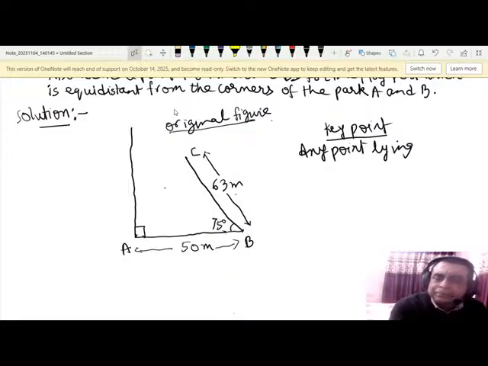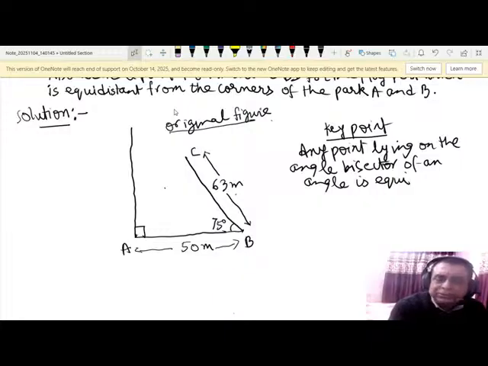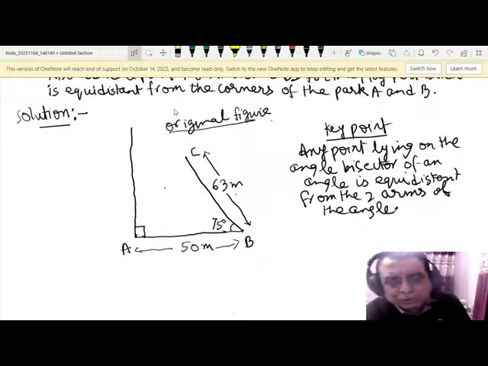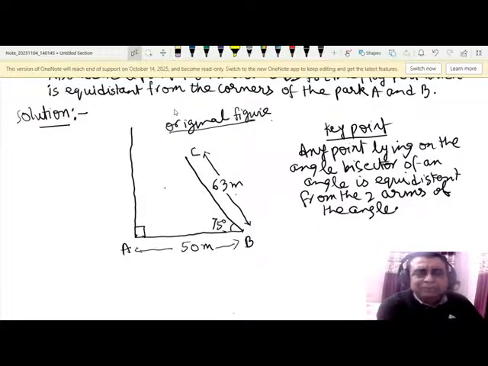We know that any point lying on the angle bisector of an angle is equidistant, meaning the perpendicular distance is equal, from the two arms of the angle.